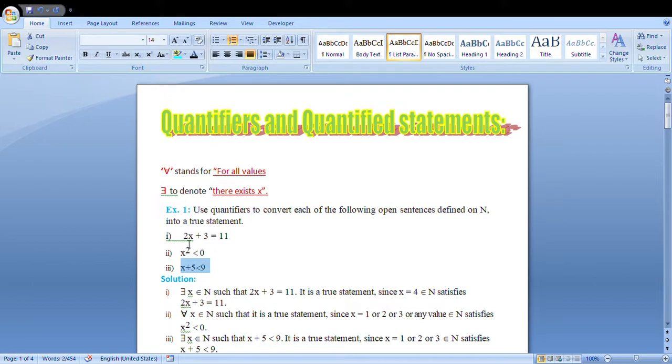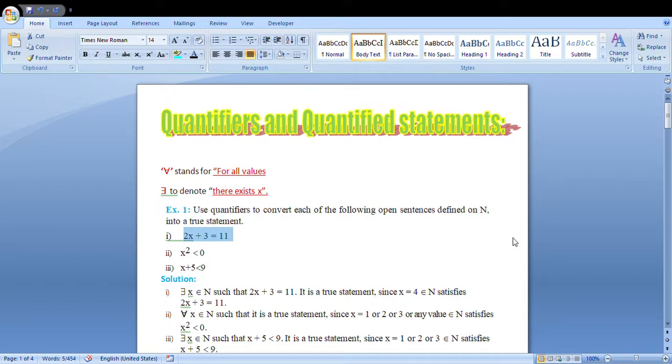So let us consider first, 2x plus 3 is equal to 11. When is it possible? 2x plus 3 is equal to 11, it means 2x is equal to 11 minus 3, that is 2x is equal to 8, that means x is equal to 4.